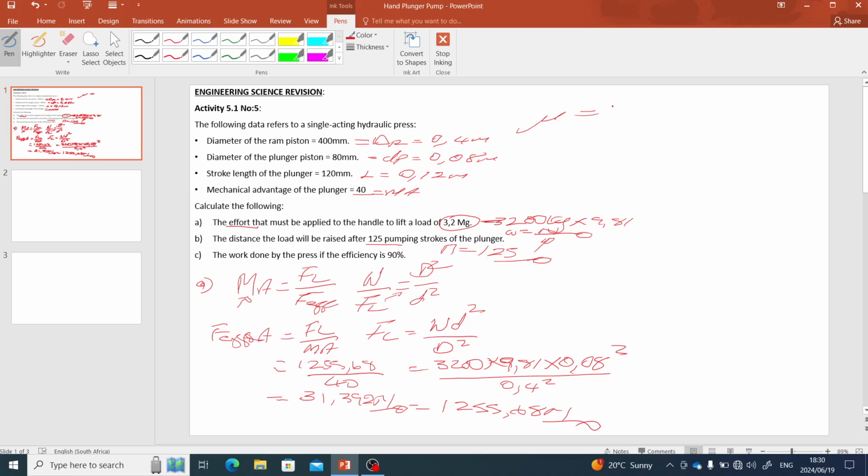Efficiency equals power out over power in, or work output over work input. All right, what is it that we know? We know that work done would be pressure multiplied by volume.